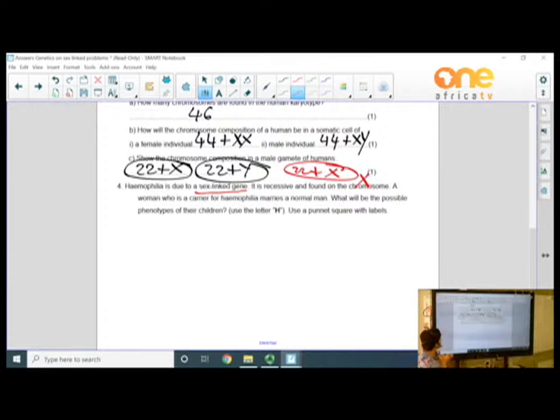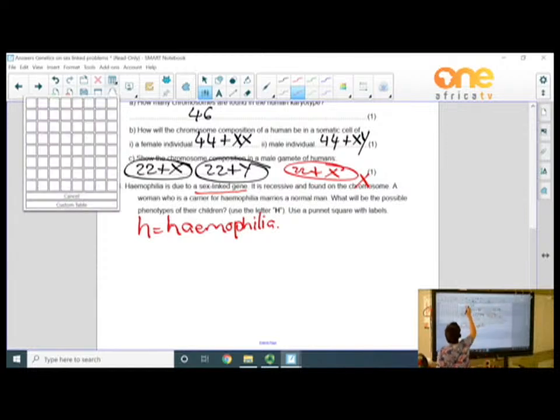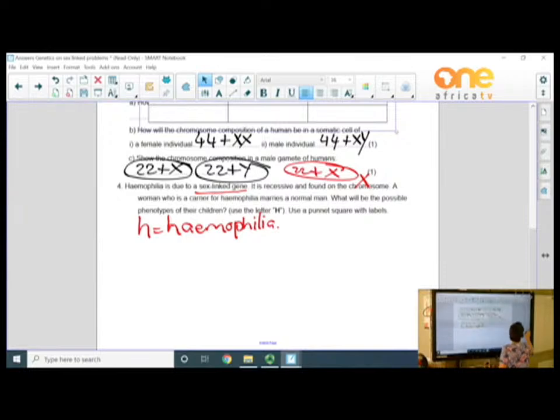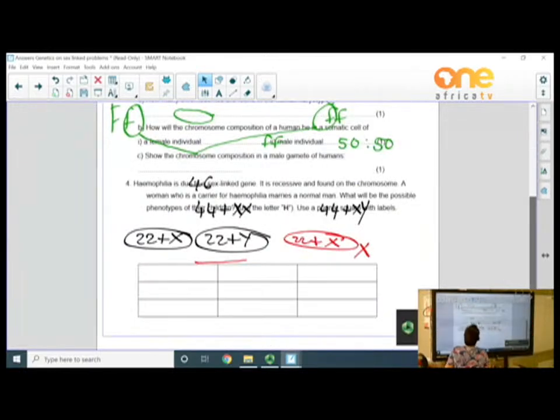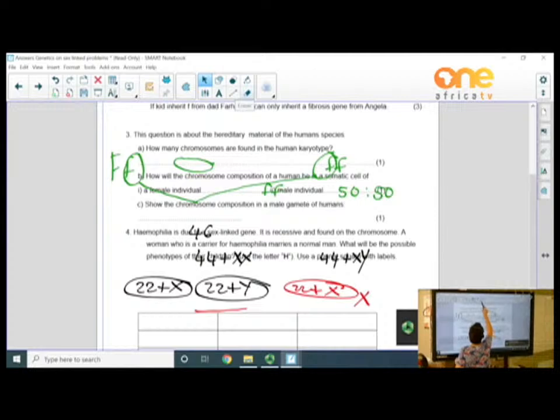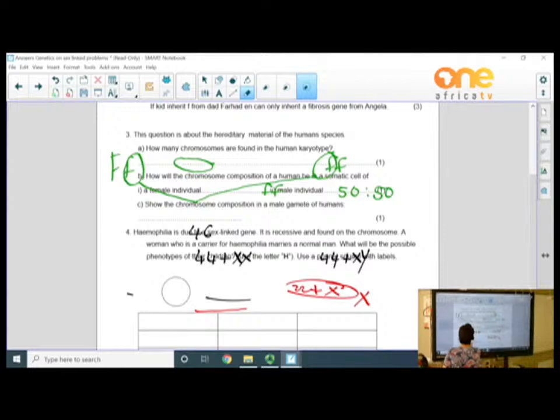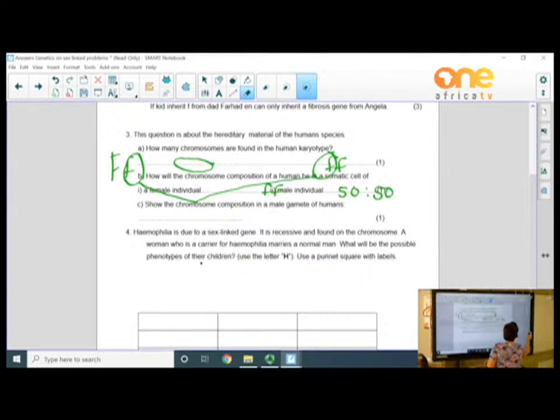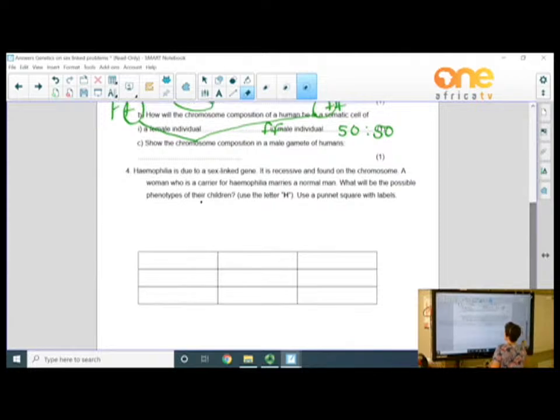So, if it is a recessive gene, the gene for hemophilia looks like this. You agree? So, if we are going to put it in a Punnett square, let's just move down our Punnett square. I'm just going to clear here so that we can easily see the correct answers. Okay, so we have a normal man.